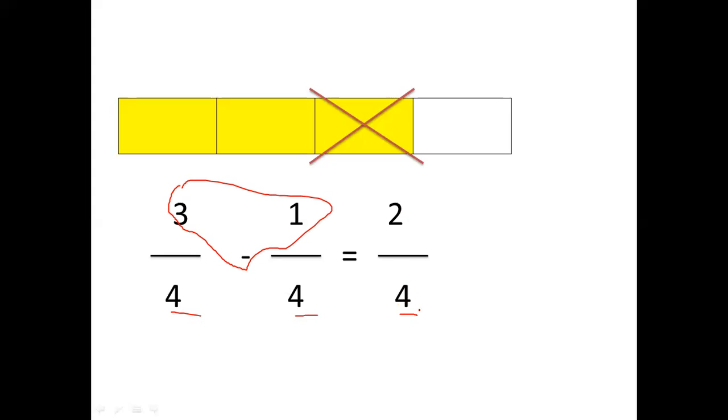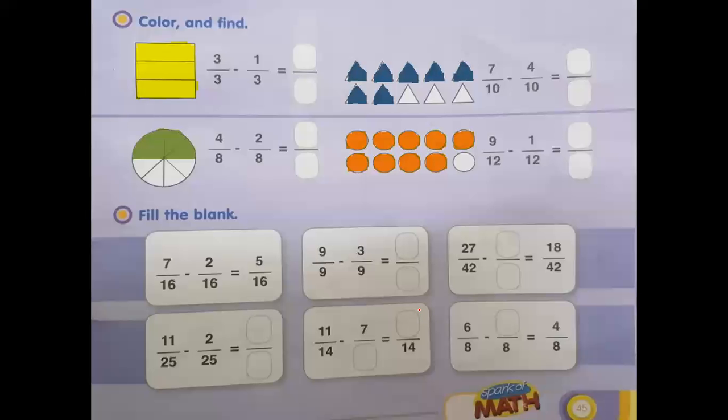2 over 4. Okay, so we have a question on page 45. In question number 1, we are going to color and find. Here we have a rectangle and it's divided into 3 equal parts. How many parts are we going to color? We are going to color like this fraction, the first one, 3 over 3. So how many parts are we going to color?